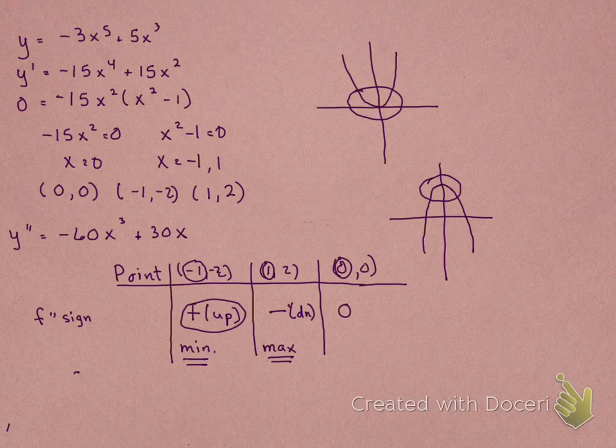Okay, so I looked on IXL, and there is nothing in IXL that matches up with our concavity. So the homework is going to be strictly book work. So I'm going to write them down along with the verbal.